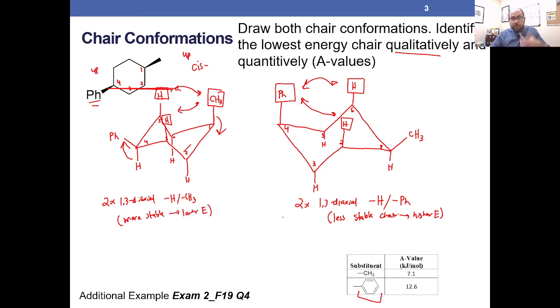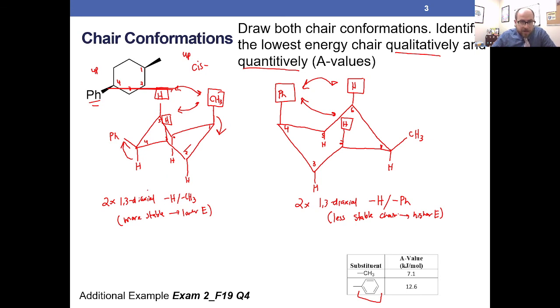Okay, so this is what we would call a qualitative analysis, right? I can differentiate without using numbers that ultimately the chair on the left-hand side with the methyl in the axial position is more stable. I can do a quantitative analysis. I can put numbers to this by using our A values. So our A values are essentially the sum of our 1,3 diaxial interactions.